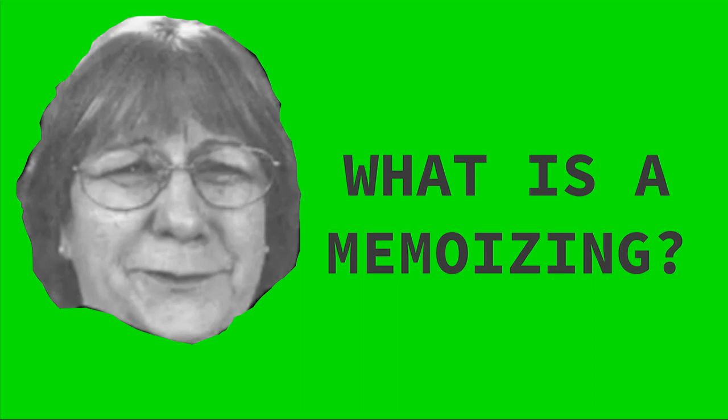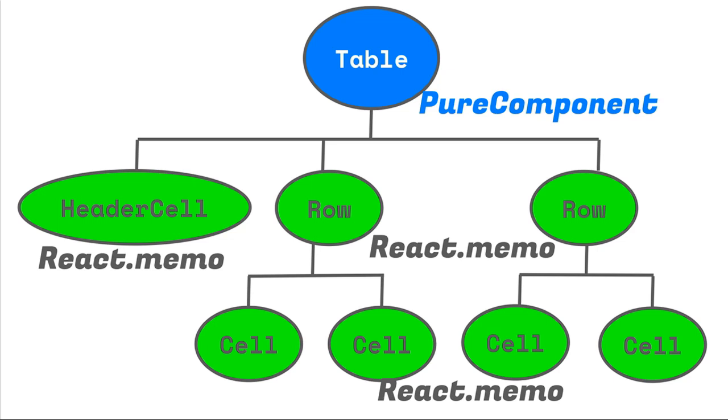In computer science, memoizing is a technique used to speed up programs by storing the result of an expensive function, basically caching it, and then returning that cached result if the same expensive function with the same parameters is called. So maybe we can put React.memo in those child cells.